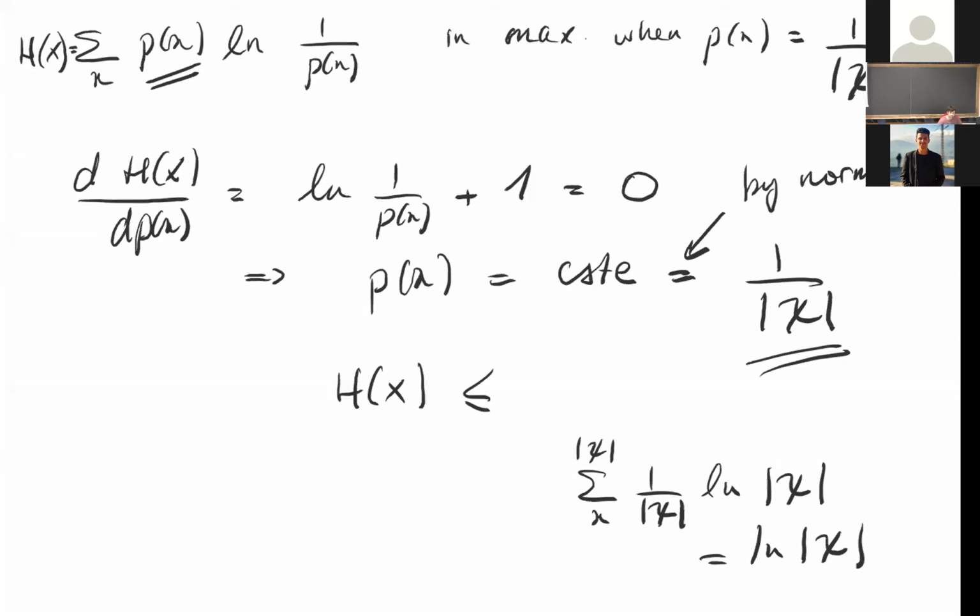Indeed, in the case where all microstates have uniform weight, which is the definition of the microcanonical ensemble, the entropy is just the log of the number of configurations. And here is the same. When the random variable has uniform distribution, its entropy is just the log of its number of outcomes. Okay? So we recover Boltzmann entropy.